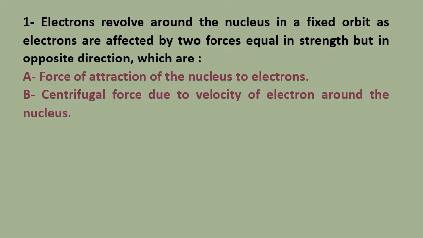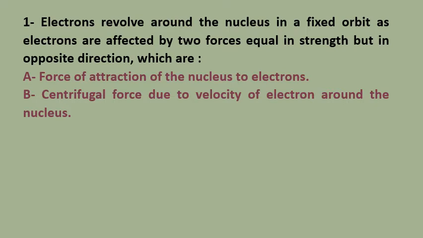But there is another force that is equal in strength but has an opposite direction, to prevent the electrons from falling inside the nucleus. Okay, the other force is called centrifugal force.